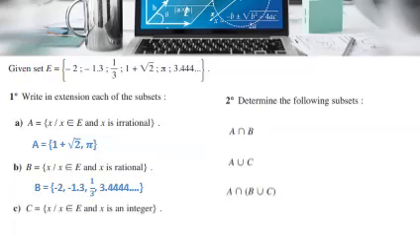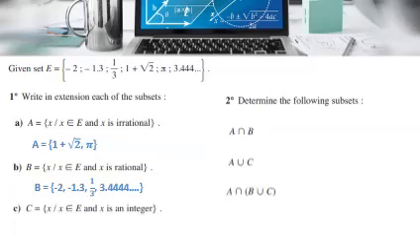The same for -1.3, it's -1.3 over 1. 1 over 3 is already a fraction. 3.4444, should I remind you that it's 34 over 9? So each one of this set, which is set B, could be written as a fraction. So we call it a rational number.